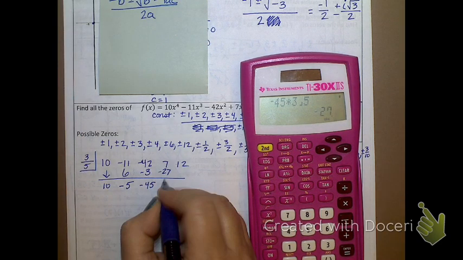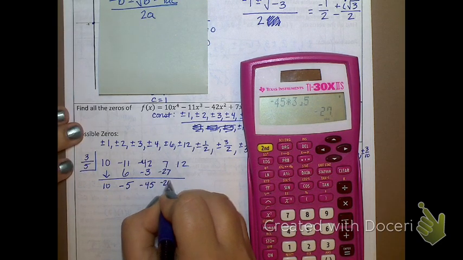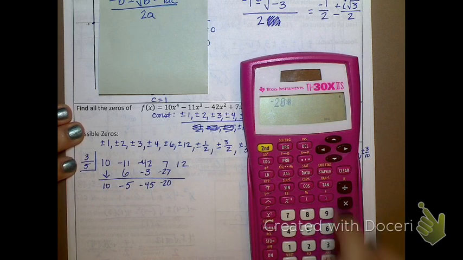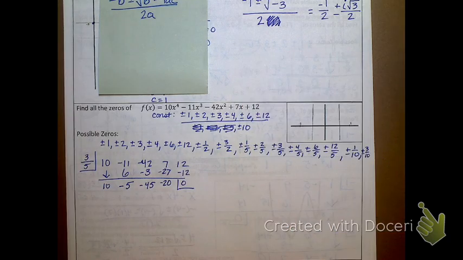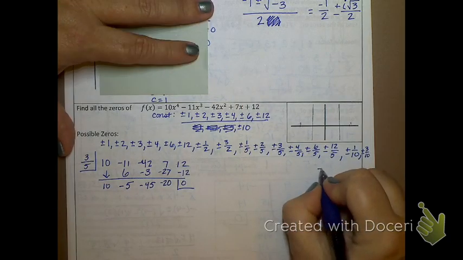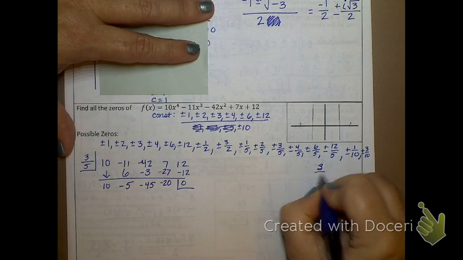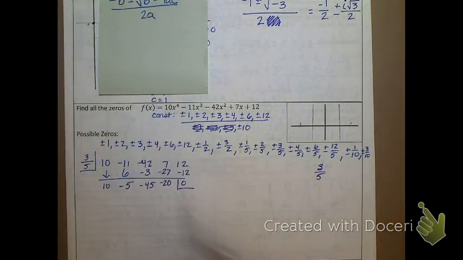And 7 is -20. -20 times 3/5 is -12. Okay, so there's my proof that positive 3/5 is one of my 4 answers.